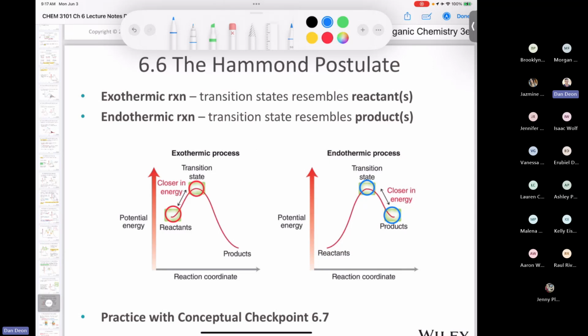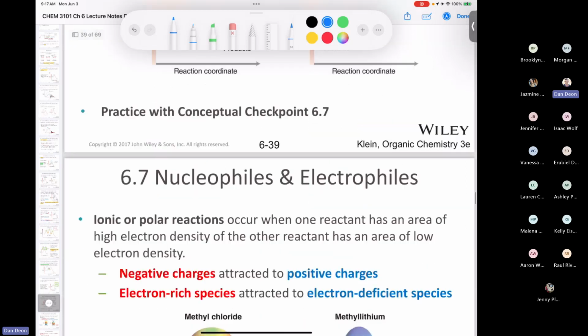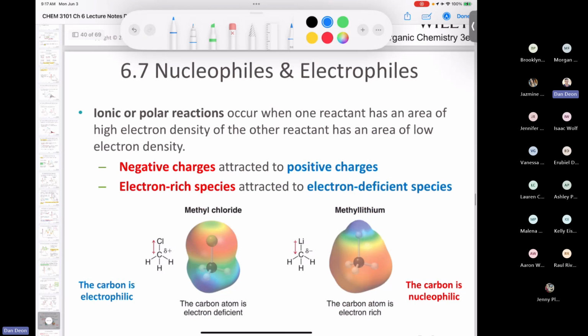Those first 6 sections are, like I said, a lot of general chemistry 1 and 2. But as you get into section 6.7, where we talk about nucleophiles and electrophiles, this will be new content for you. So I think this is a good place for us to take a break. And just so you know, the concepts covered in 6.7 until the end are concepts that are never going to go away.